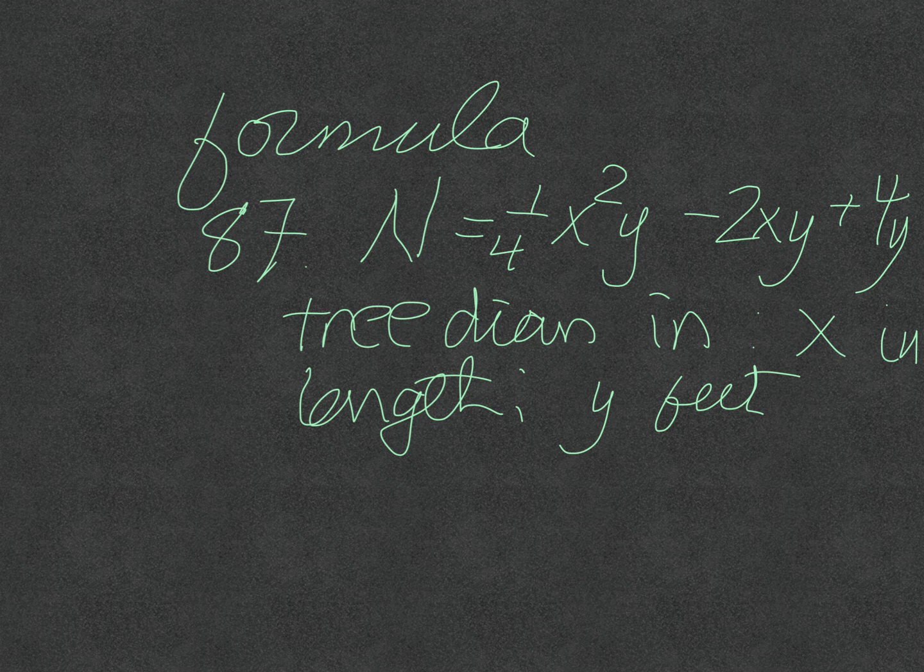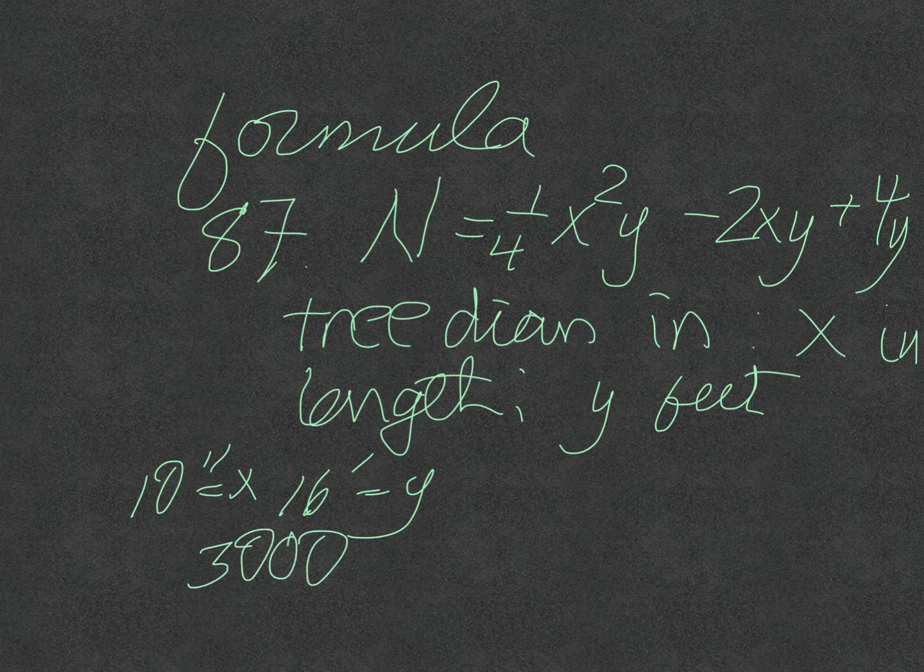And so on the problem, they say they've cut trees that are 10 inches in diameter and 16 feet in length. So this is equal to x and this is equal to y. And the question is will you have enough board feet? For the job, they need 3,000 board feet. And they have 20 trees like this.